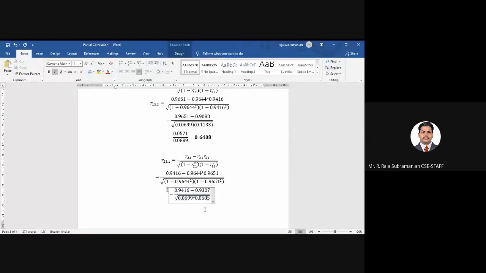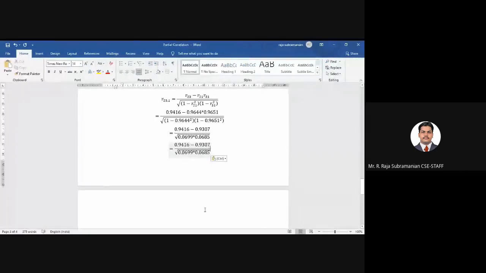Next, the denominator into square root. This way, 0.10699 into 0.0685, the whole square root, that is 0.0691.